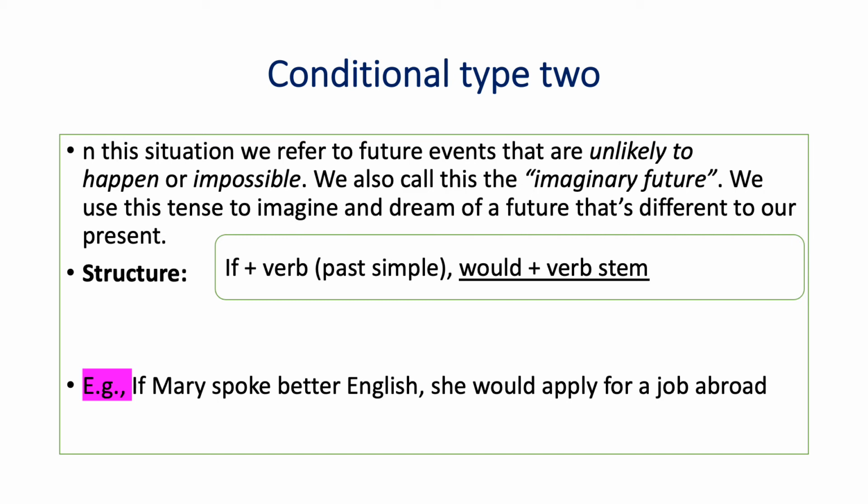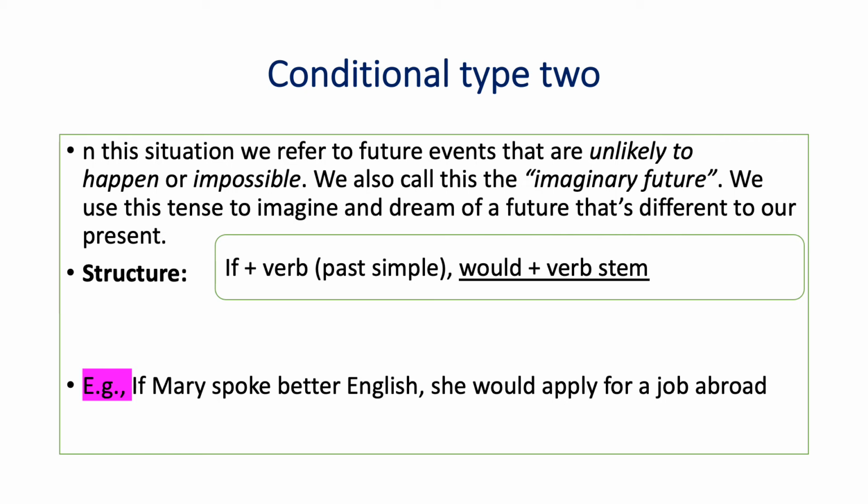So here we have the structure, if plus verb in past simple. In the result, okay, we have would plus verb stem. So here you see that, okay, conditional type 2, here we are talking about something that's unreal, okay, or imaginary, or we are dreaming about something, okay.